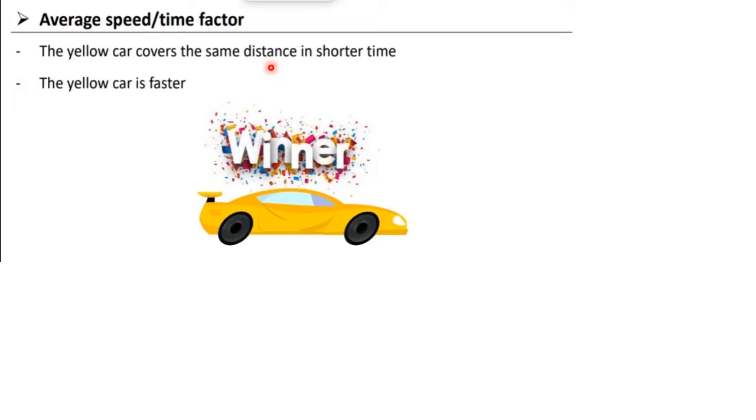Thus, to determine how fast an object is, we have to determine the time taken by this object to cover a specific distance. So the first factor we have to know in order to determine the speed or the average speed of an object is the time.